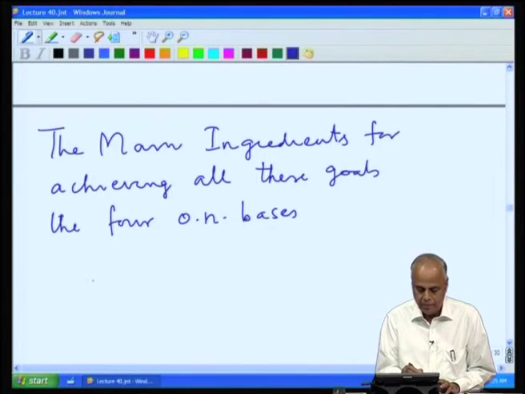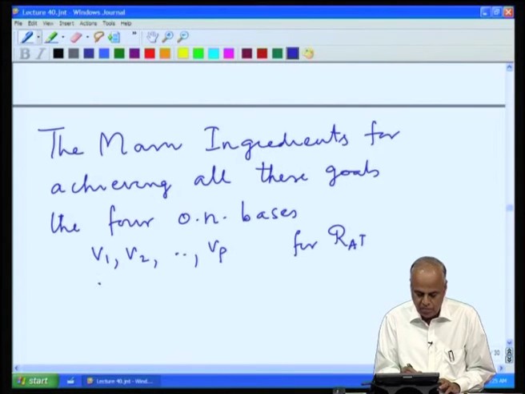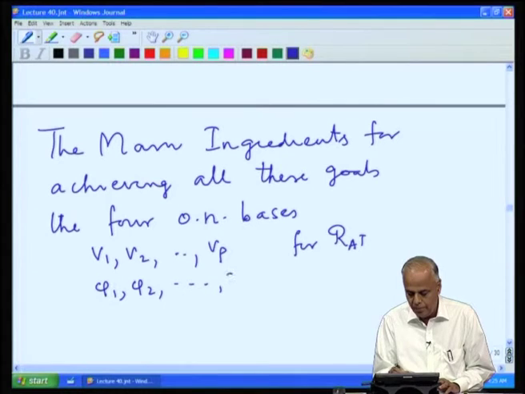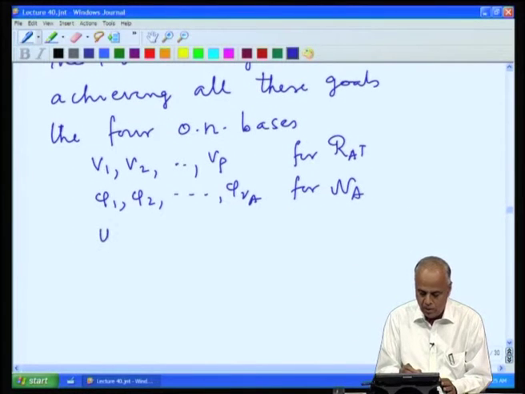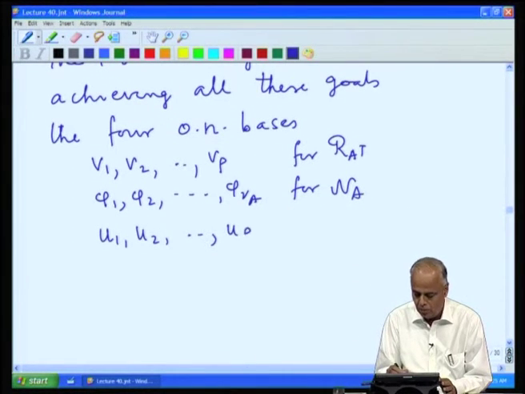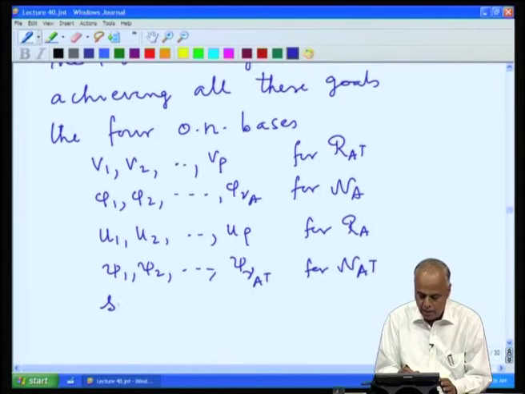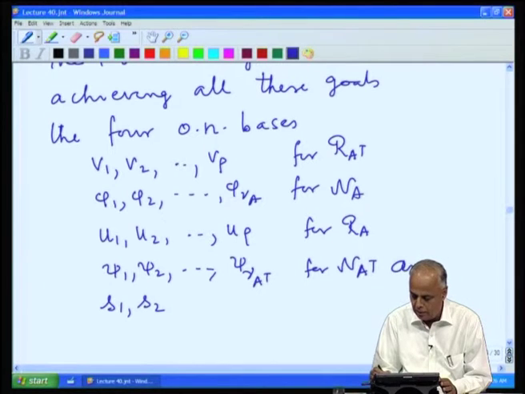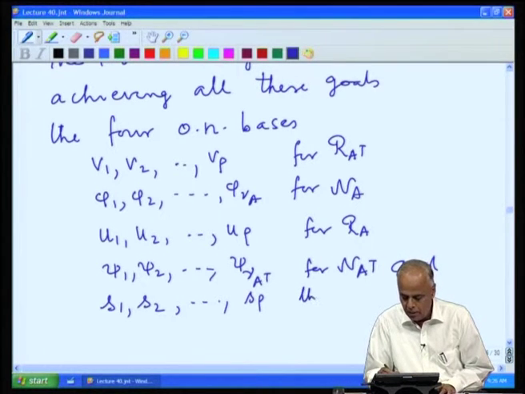orthonormal bases, we will write them down: V1, V2, ..., V rho for the range of A transpose; phi 1, phi 2, ..., phi nu A for the null space of A; u1, u2, ..., u rho for the range of A; psi 1, psi 2, ..., psi nu A transpose for the null space of A transpose; and together with these 4 bases, we have S1, S2, ..., S rho, the singular values.